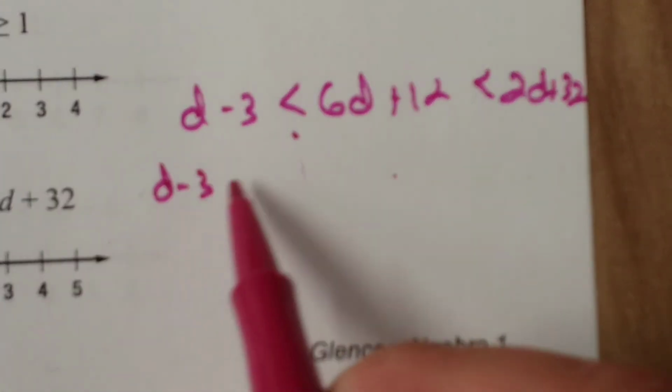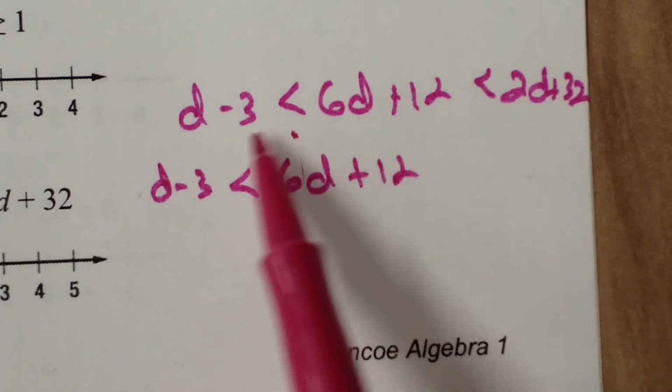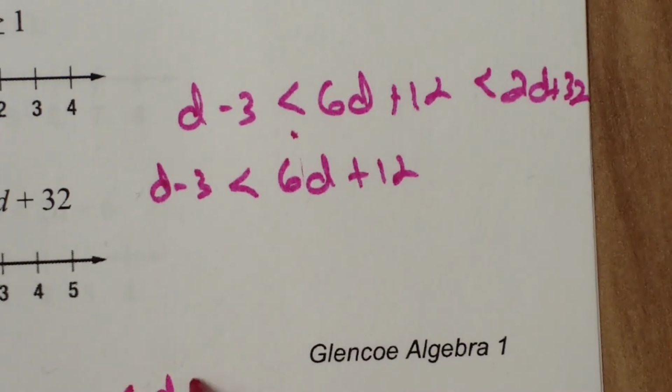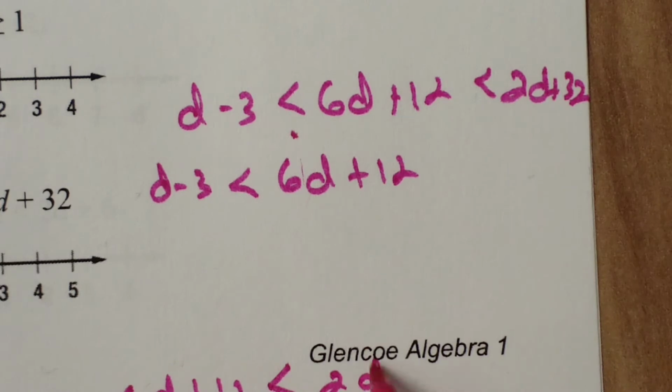D minus 3 is less than 6D plus 12. There's one of them. And then your other one would be 6D plus 12 is less than 2D plus 32. And now I can solve those.